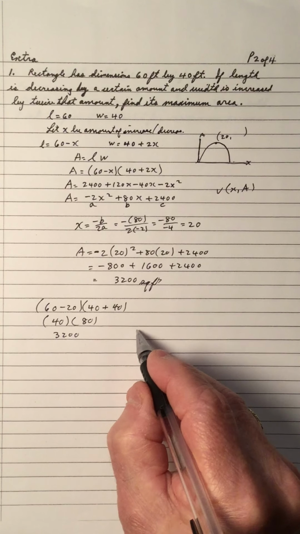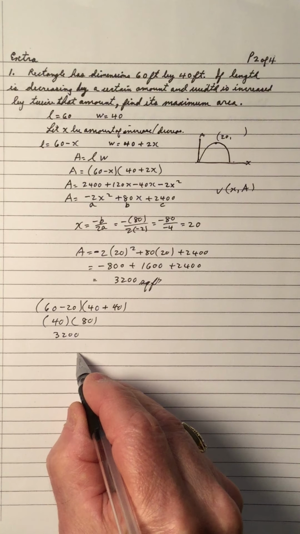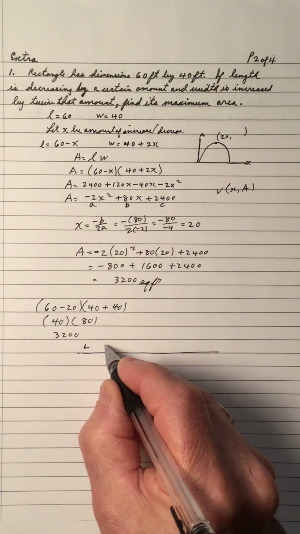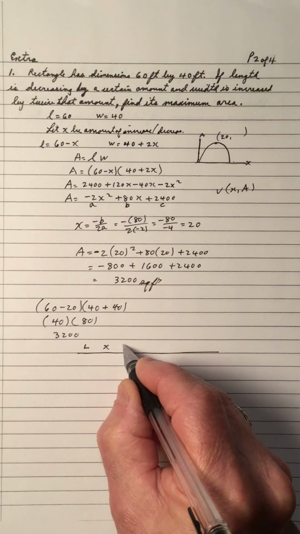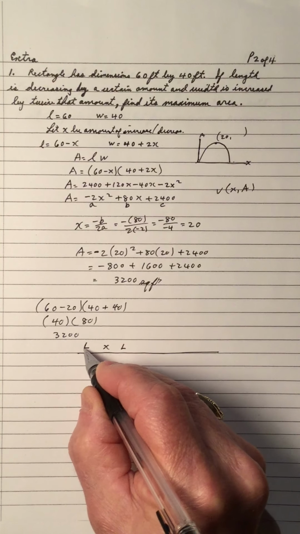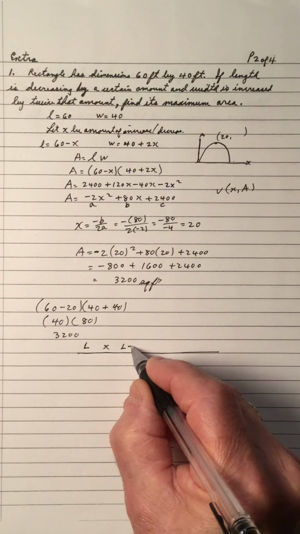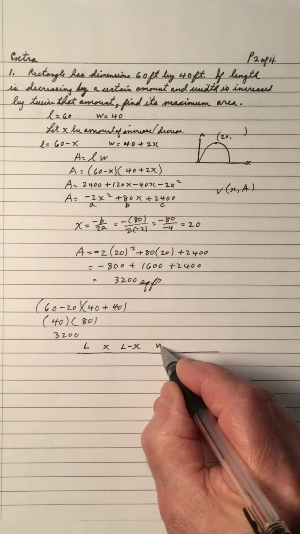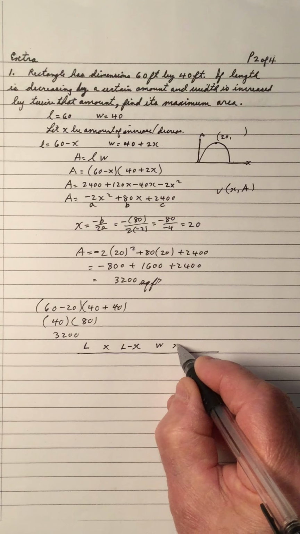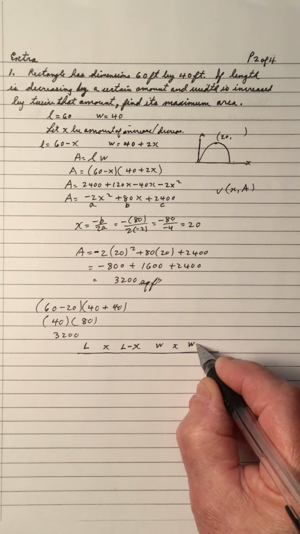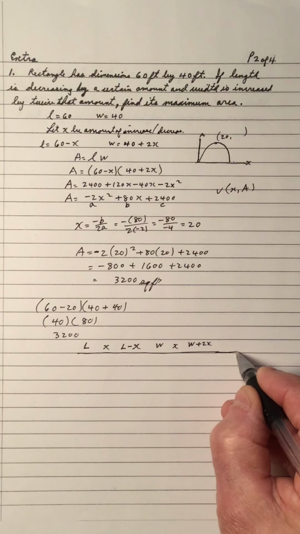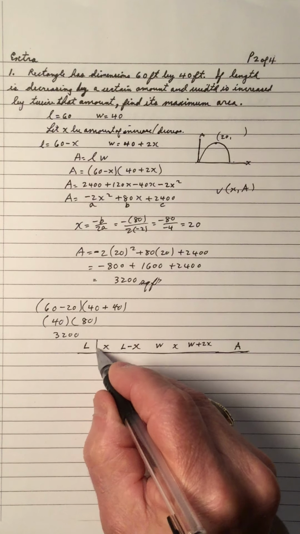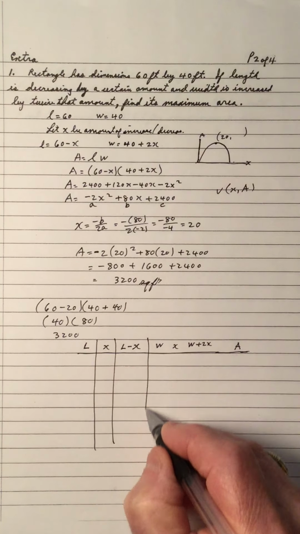And just to explain that, let me do it in another way, just see if this makes sense. If L is the length, the length decreased by x, and then I have the width, and the width plus 2x, then I'll have an area.